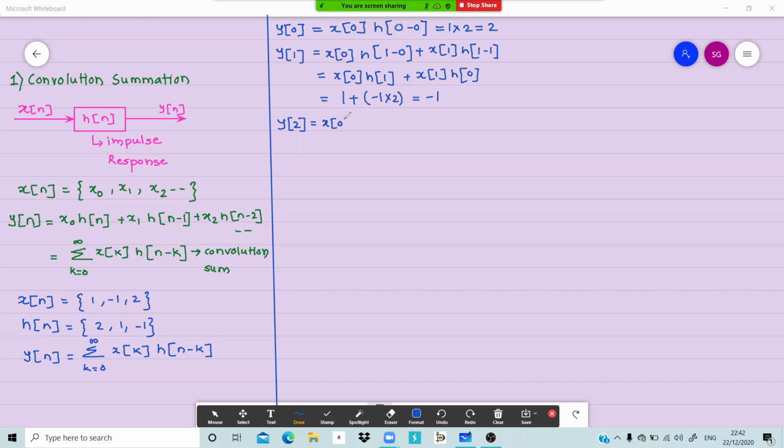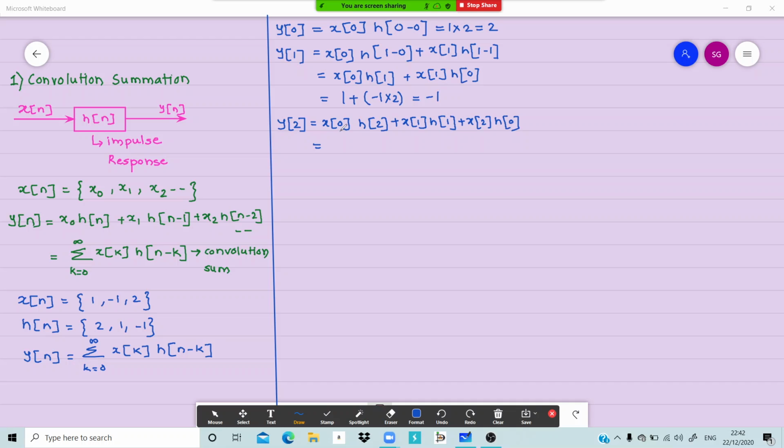Okay, so what I can say, we are starting with x0. Now h of 2 minus 0, so h2. Okay, then plus you have increased the value of k, that is k is 1. So h will be 2 minus 1, that is 1, plus x2. Now k is 2, so your h will become equal to 0, 2 minus 2, that is 0.